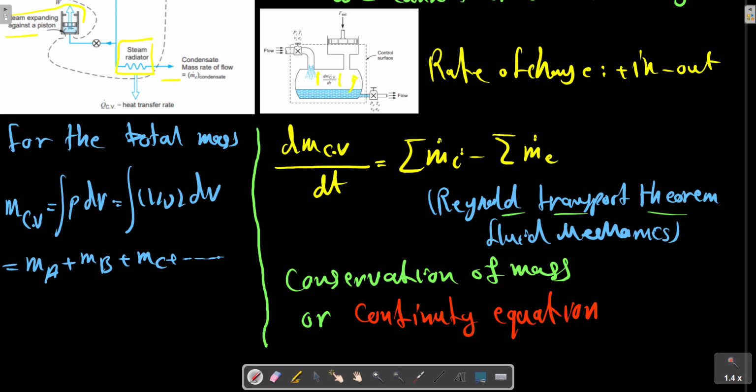Let us now consider the mass flow rate across the control volume surface in a little more detail. For simplicity, we assume the flow in a flowing part. Consider the pipe.